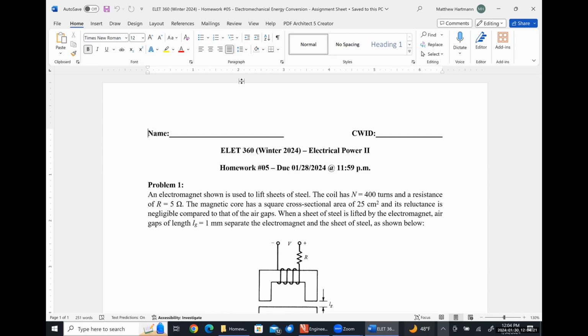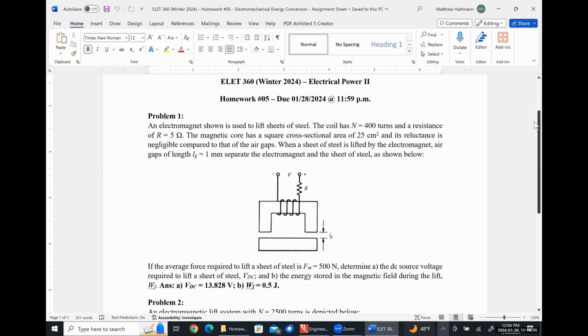All right, so this is the problem. This is the first problem that you guys were given. We have an electromagnet that's used to lift sheets of steel. The coil has some number of turns and a resistance of 5 ohms. The magnetic core has a square cross-sectional area of 25 centimeters squared, which means it's a 5 centimeter by 5 centimeter cross-section.